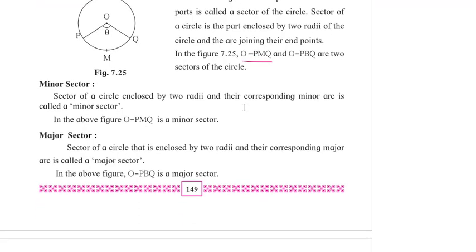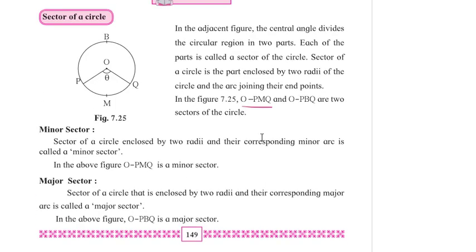Now, minor sector and major sector. In these two parts you can see that OPMQ is less than a semicircle, and OPBQ is greater than a semicircle. The area which is less than a semicircle is called a minor sector, and the area which is greater than a semicircle is called a major sector.